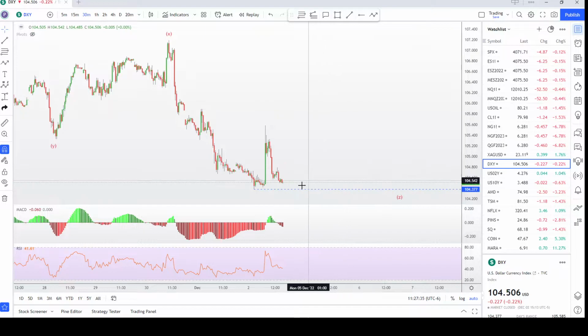So keep an eye that if they break this low, then look for an ending diagonal to be in play. If they come back up, then it'll kind of chug around here for a while, and then come down one more time to break the low. So that's the dollar.